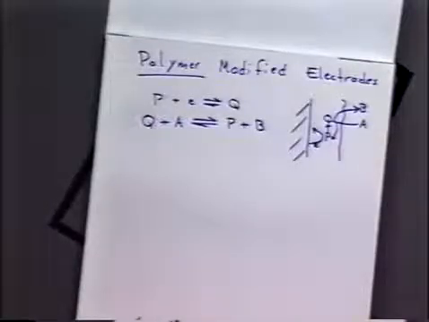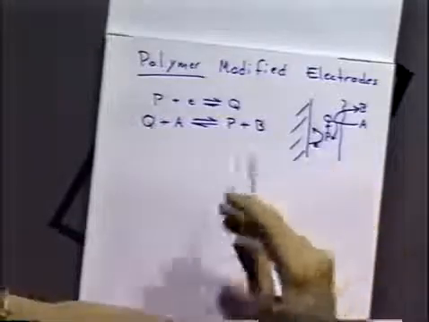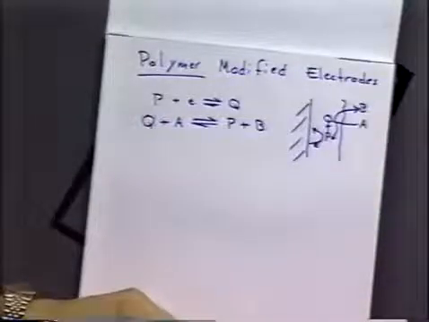Of course, to have that work, P has to have a larger reduction potential than A in the first place. It has to be a stronger reducing agent than A is.